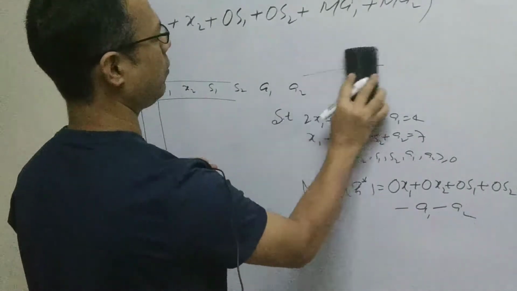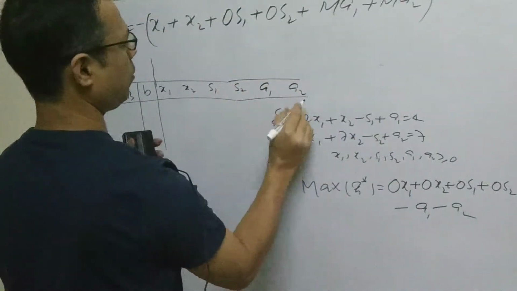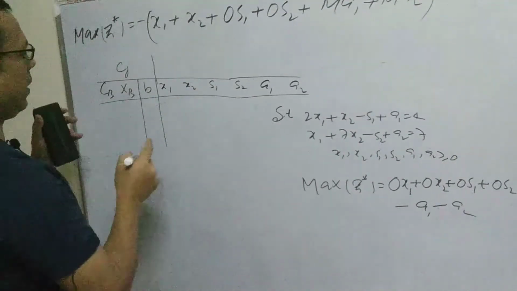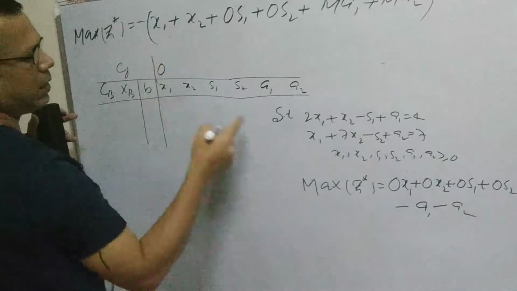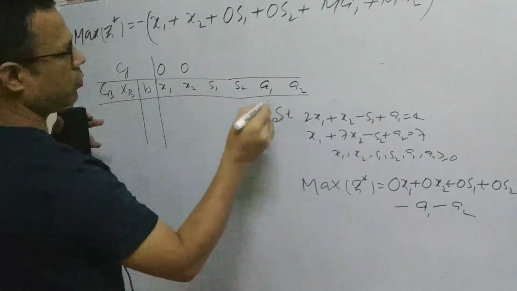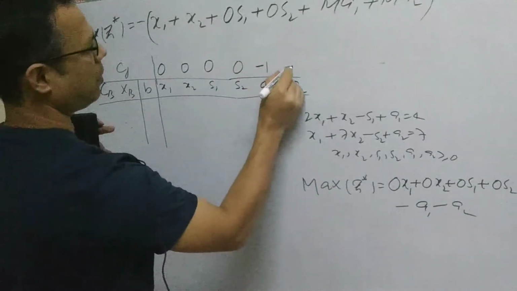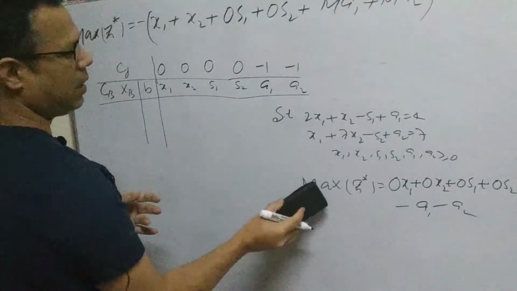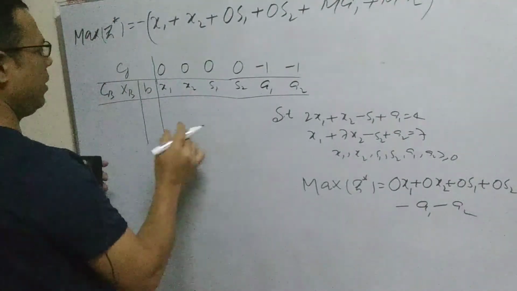Now we solve phase 1 according to their respective coefficients. The coefficients of the objective function are 0 for x1, 0 for x2, 0 for s1, 0 for s2, minus 1 for a1, minus 1 for a2.